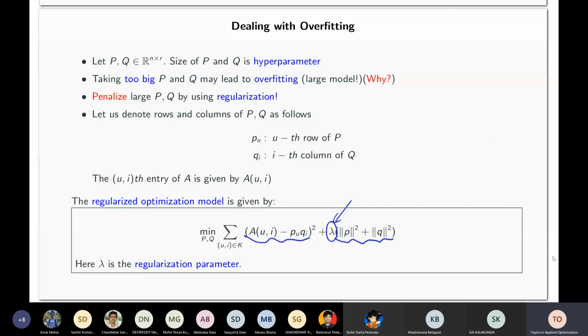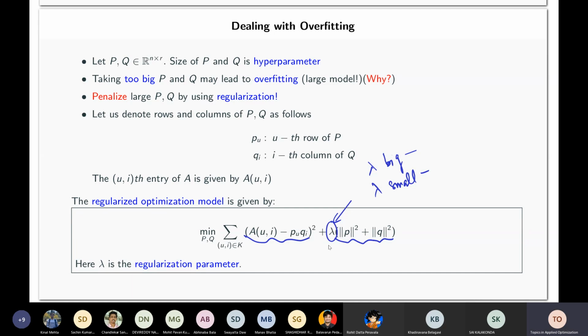So how much you are concerned about overfitting depends on this term. Can you guess, what will a bigger lambda mean? If lambda is big, what does it mean, and if lambda is small, what does it mean for the optimizer?